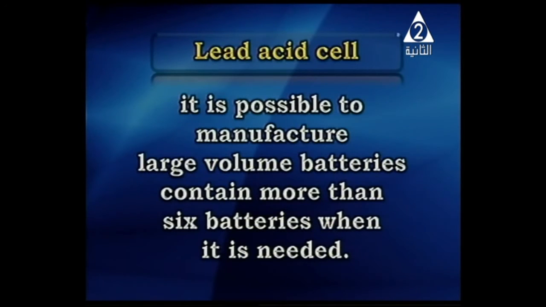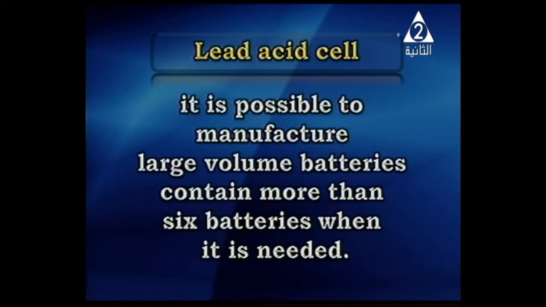With the lead acid cell, it is possible to manufacture large volume batteries that contain more than 6 cells when needed. What is meant by this? I need to make a large battery, like a desk box or any volume. If I need to make a big battery, I need more than 6 cells.